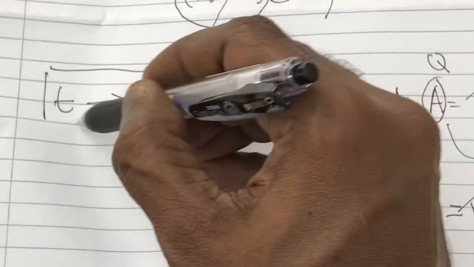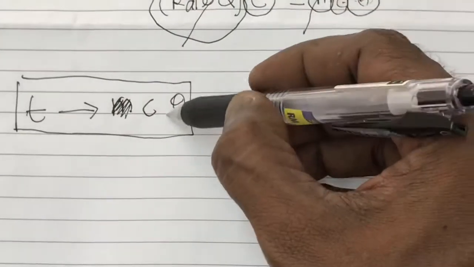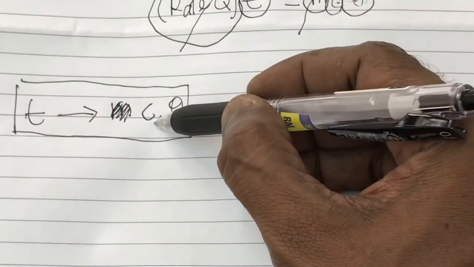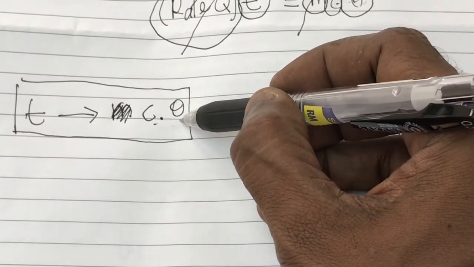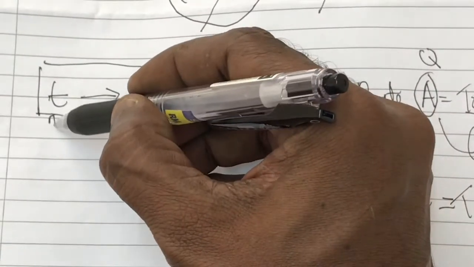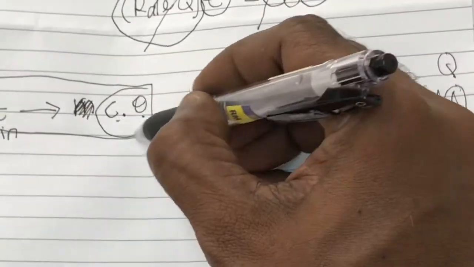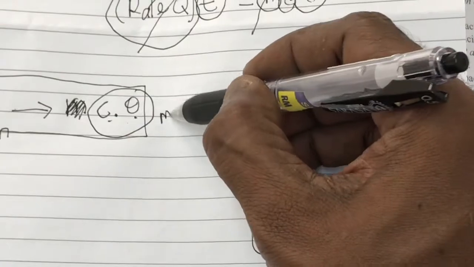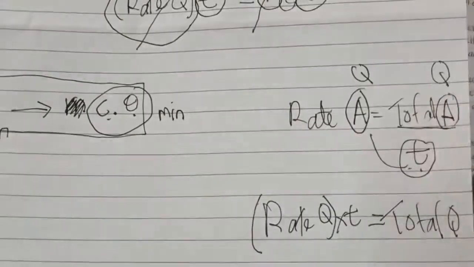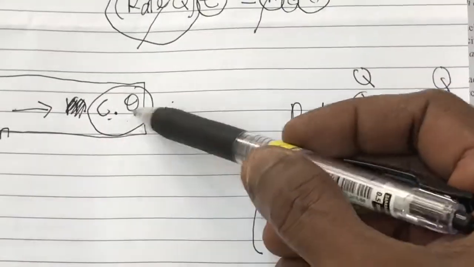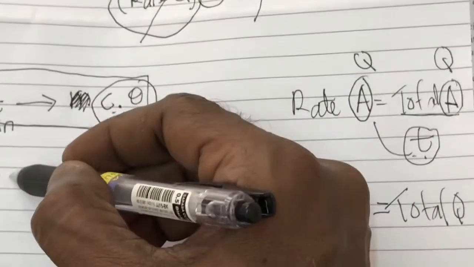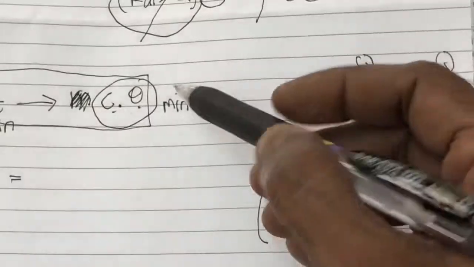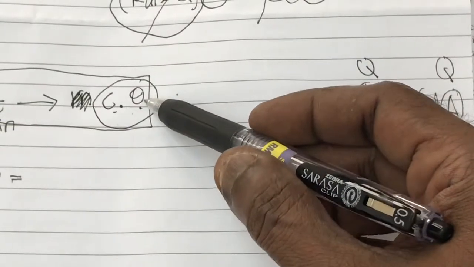So time to boil only depends on the product of the specific heat capacity times the change in temperature. In order to get the minimum time, we need the minimum product of this, which means we have to calculate c and theta for each one. Keep in mind here is the change in temperature.